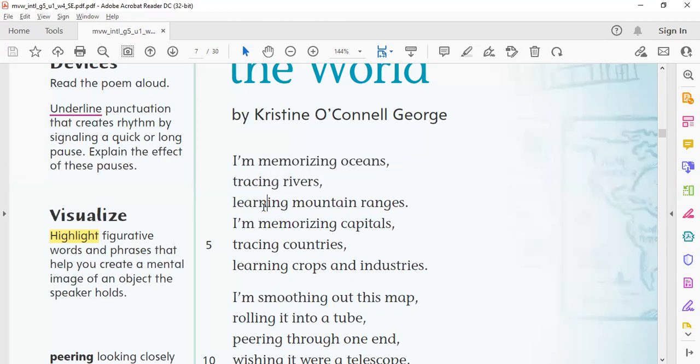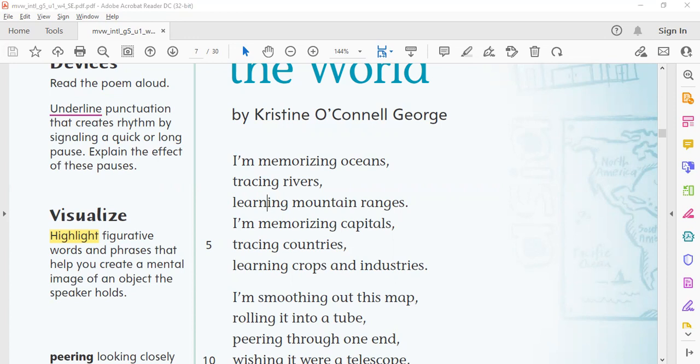So why did we say that repetition was important? Why is repetition important, guys? To show what? So repetition is important to show importance.